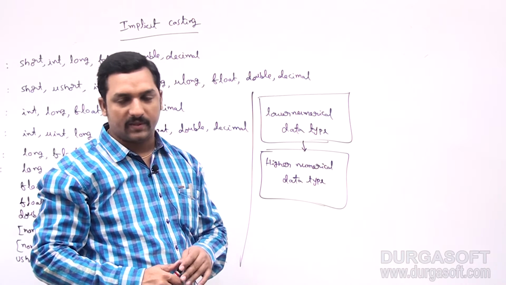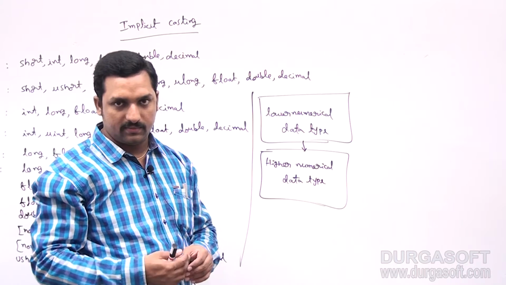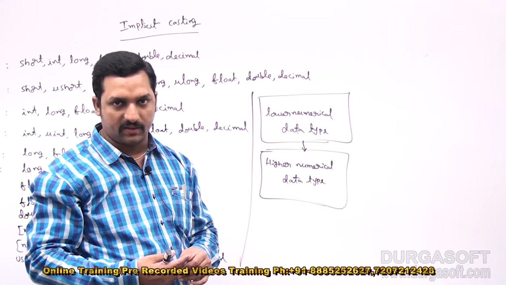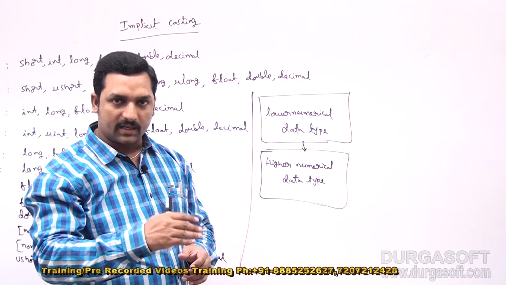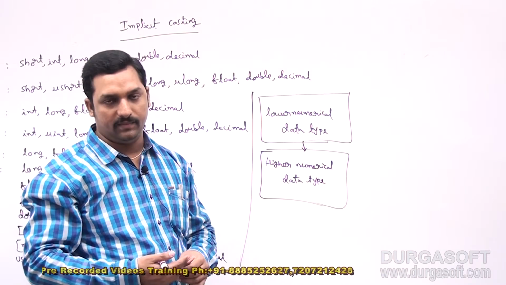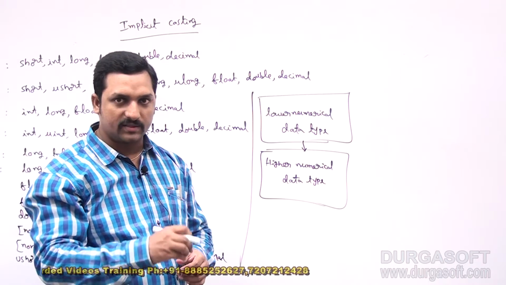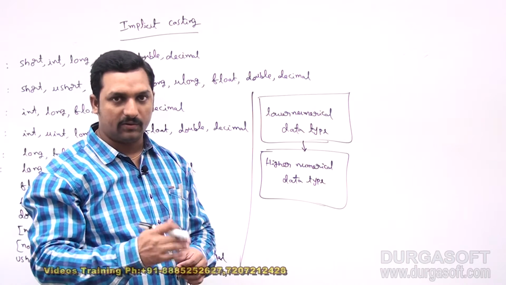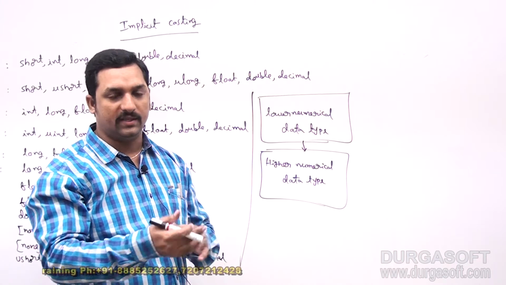Out of these 11 numerical data types, lower to higher depends on the number of bytes. If it is a lower numerical data type, we can convert the same directly into a higher numerical data type automatically, without any syntax. The language itself provides the direct, automatic, syntaxless conversion from lower to higher.